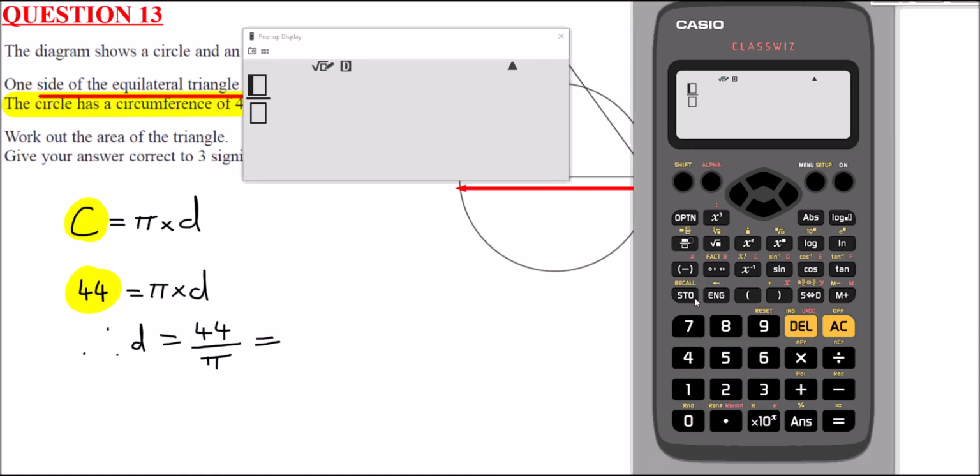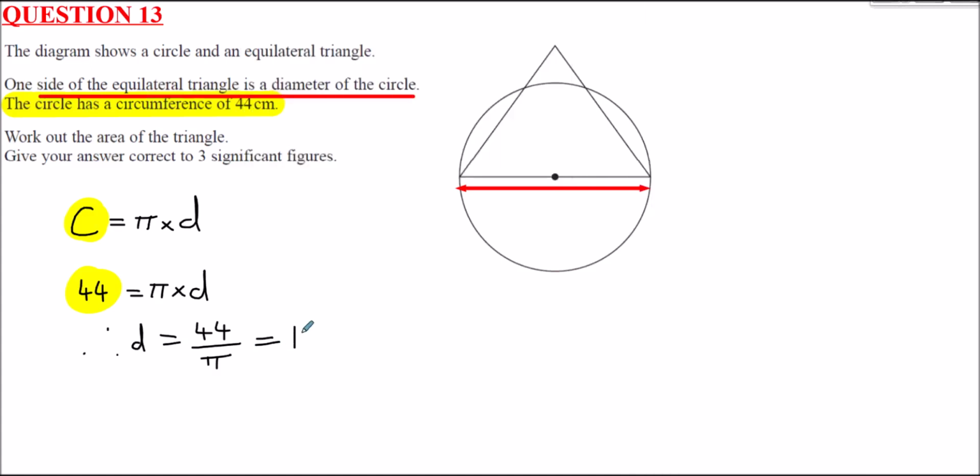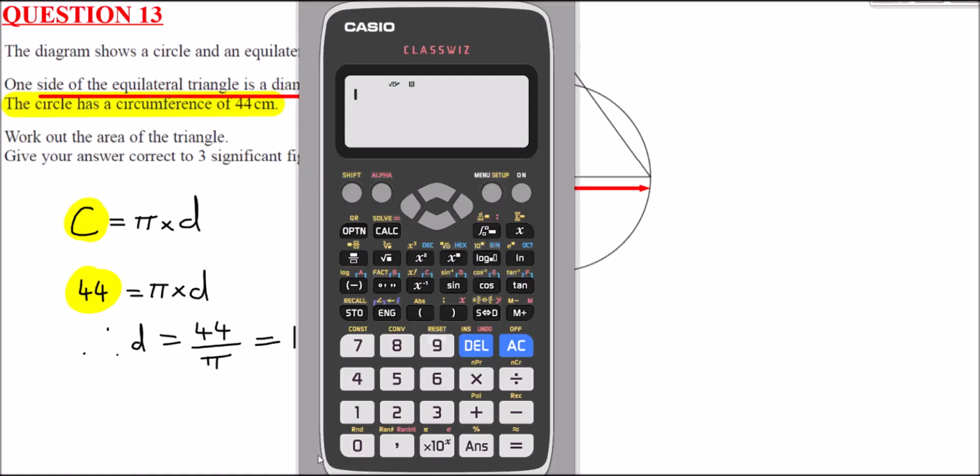So 44, toggle down, then pi is here, so we press shift, then this standard form button, press equals, and we get 14.00. Now I'm going to give this to all the decimal places on the calculator because this isn't our final answer. I don't want to round too soon because I don't want to have any rounding error. Oops, wrong calculator.